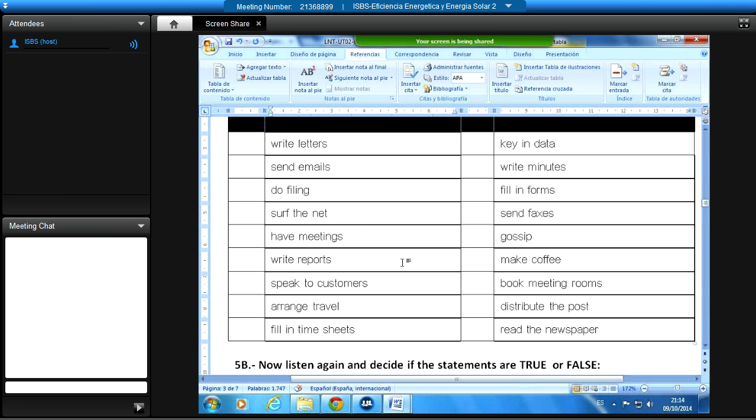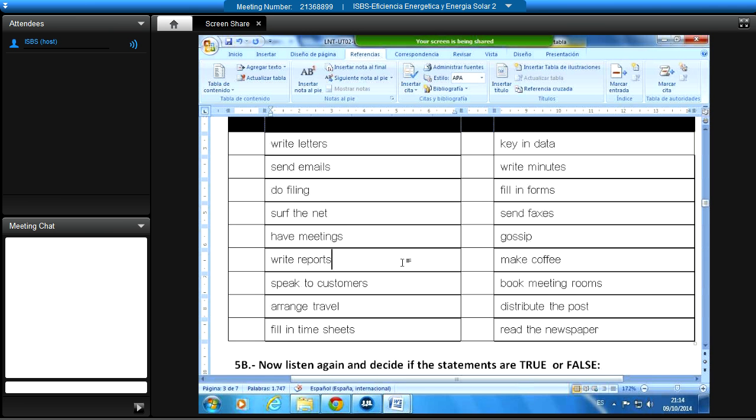You see the news on TV, the news report. Informes, okay? Speak to customers. Who is a customer? Clients, yes, a client, a shopper, a buyer. Arrange travel is to organize trips.